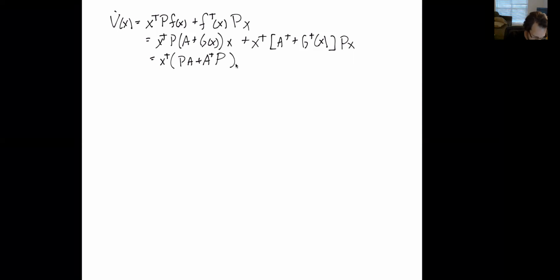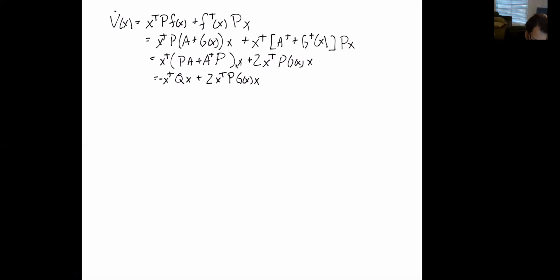P times x plus 2 x transpose P times G of x times x. And then this is equal to negative x transpose Q times x plus, again, 2 x transpose P G of x times x.